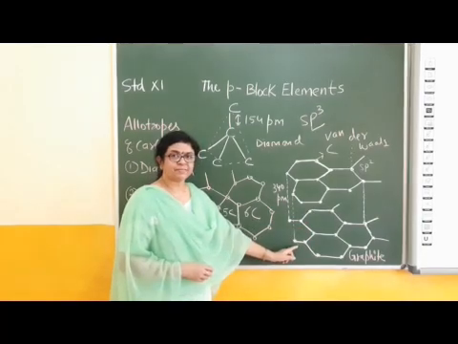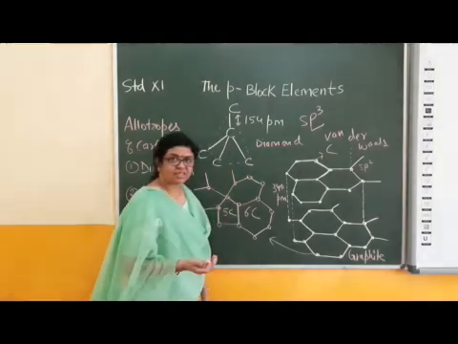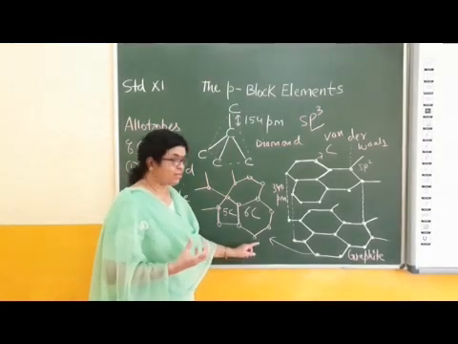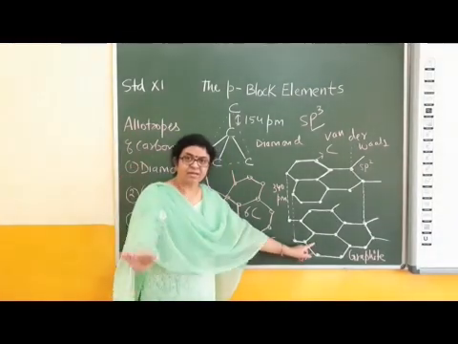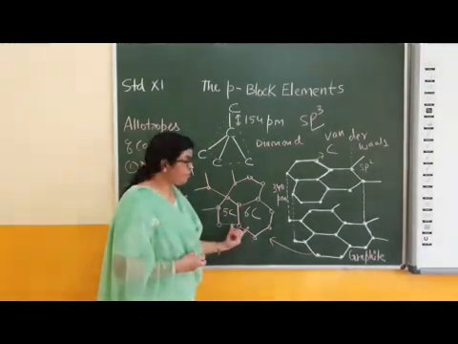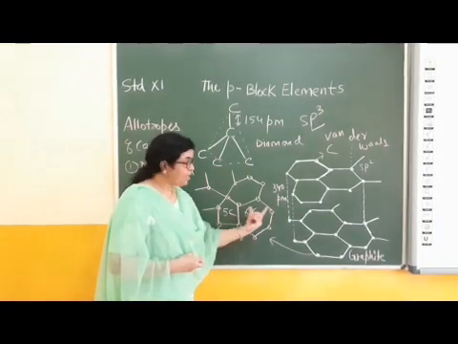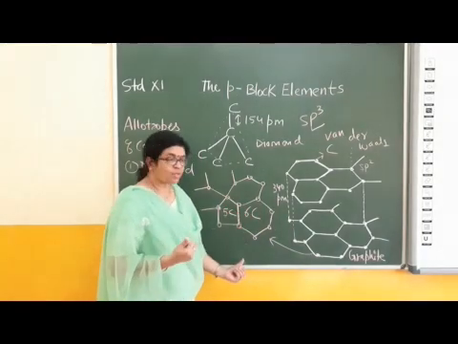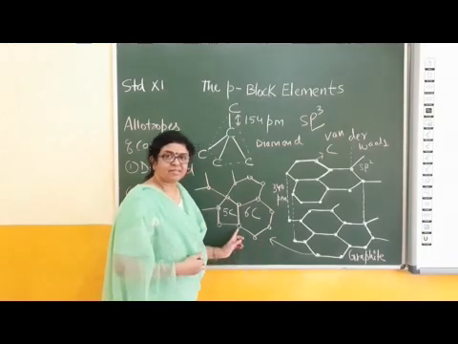Then vapors of graphite are obtained. Then by condensation, sooty, fine crystals of fullerene are obtained. The arrangement changes from hexagonal to hexagonal and pentagonal, first by vaporization and then condensation.